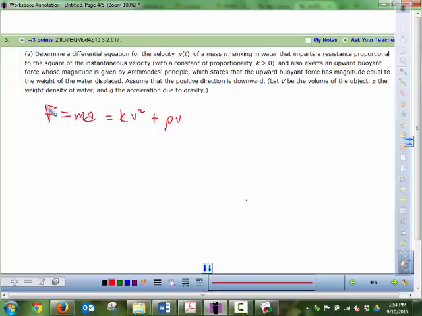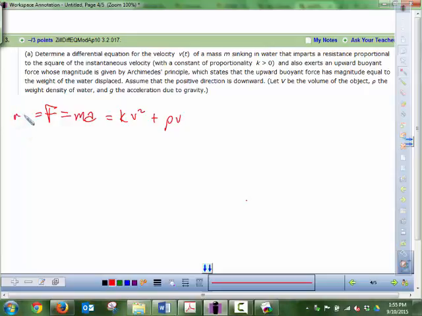So it looks like we also have gravity involved in here. How does gravity play into this? The acceleration is dv/dt, but the force is also equal to the mass times gravity, right?